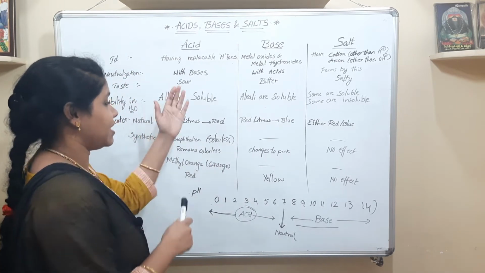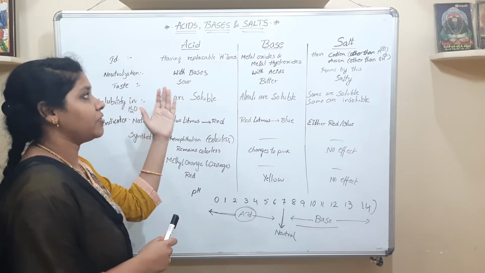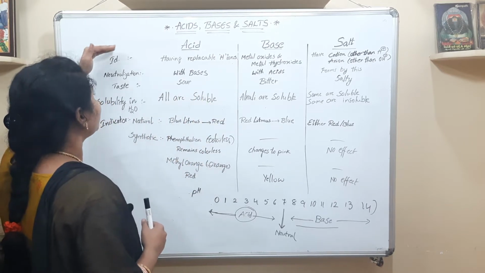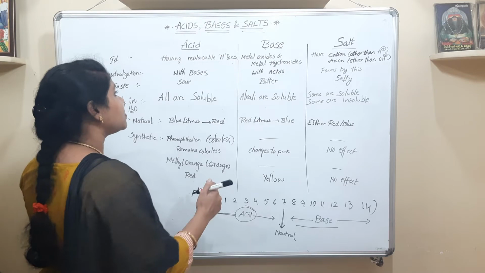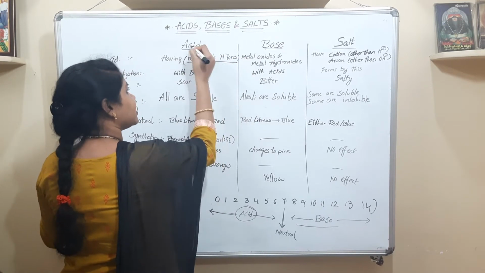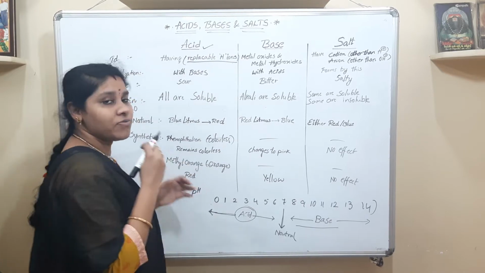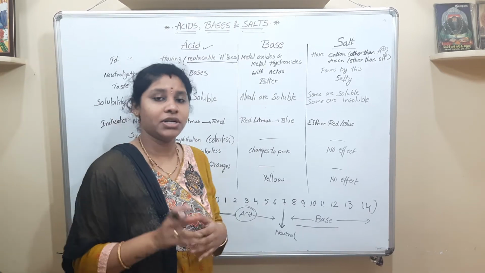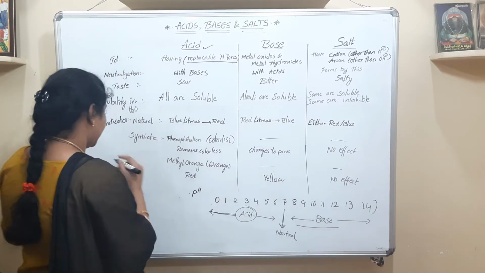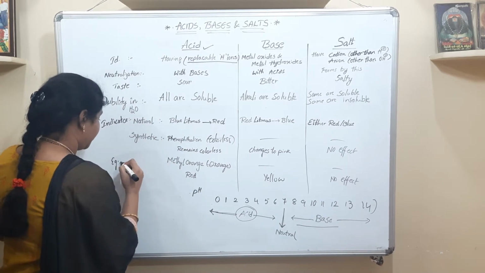So, acid, base and salt. How to identify whether a substance is an acid, base or a salt? For the identification, the compounds which have replaceable hydrogen ions are considered as an acid. Means every compound which consists of hydrogen is not an acid. Let me clear that by taking an example of H2O.